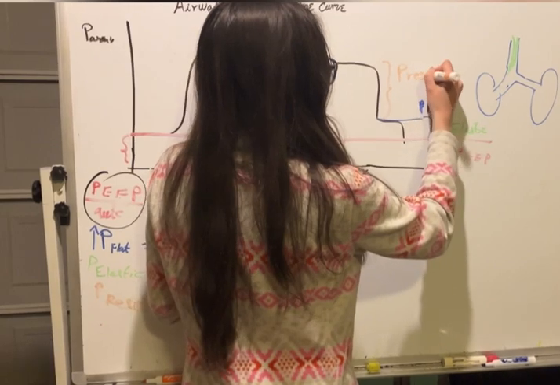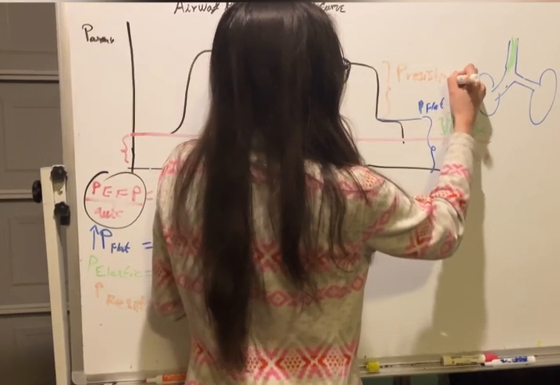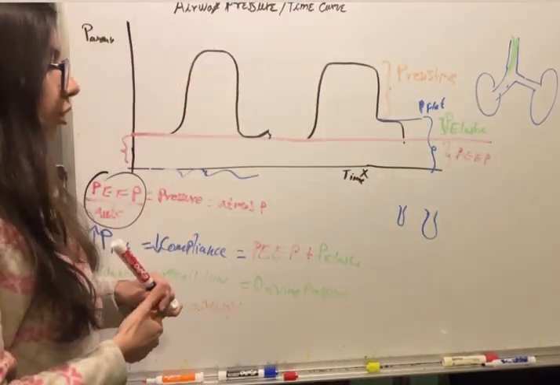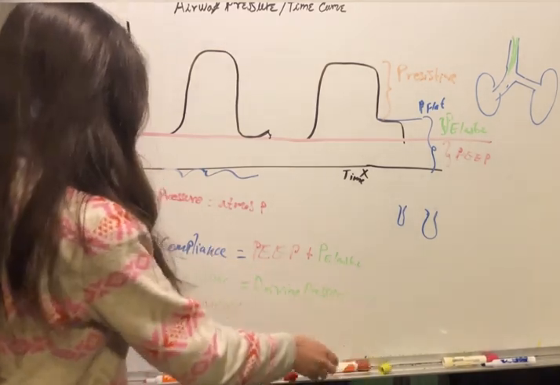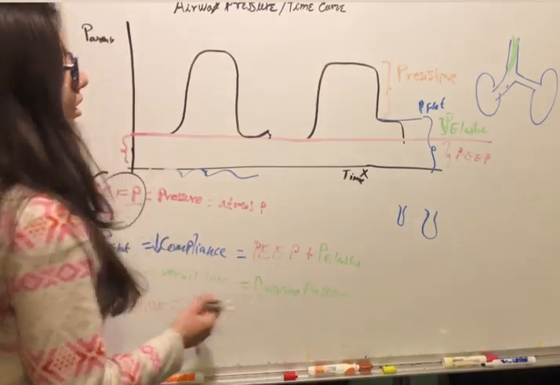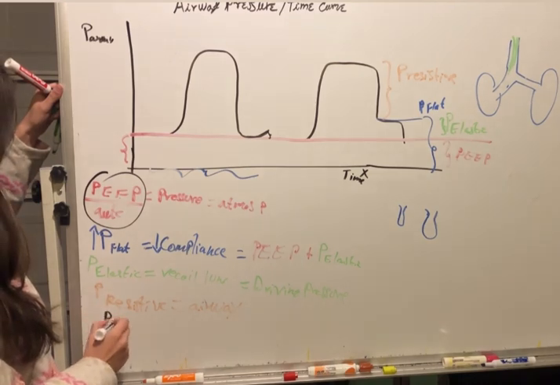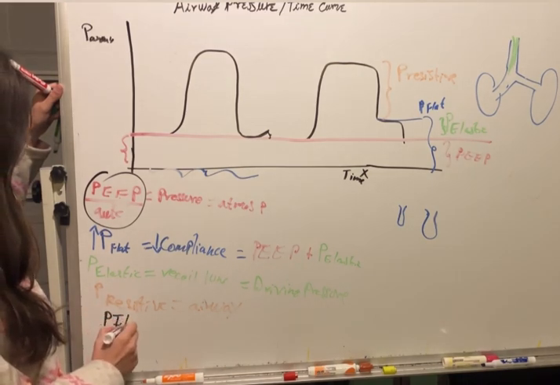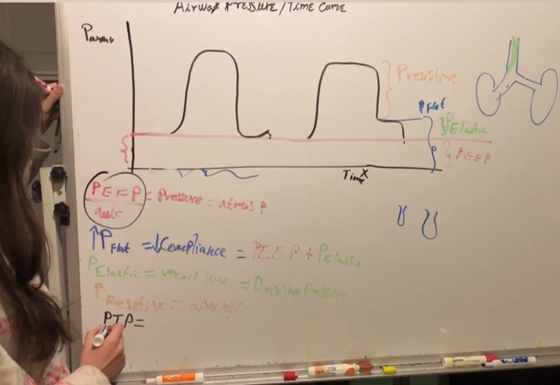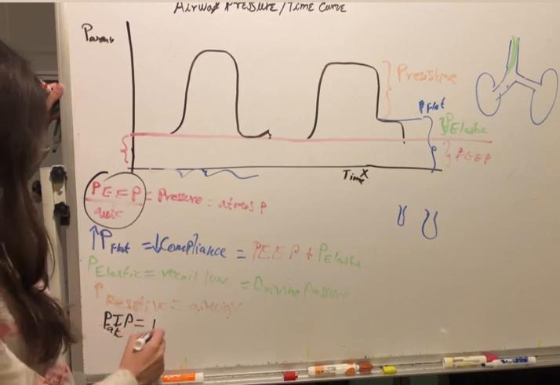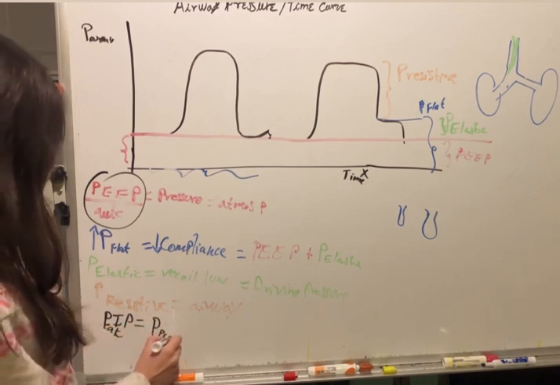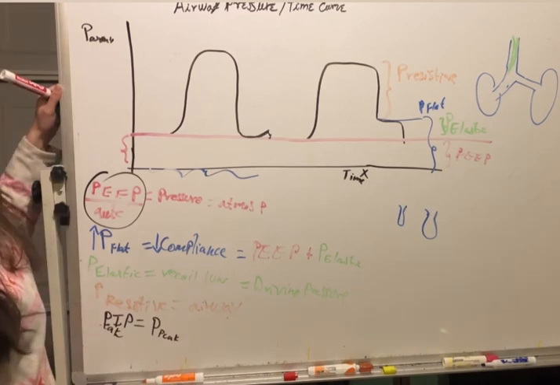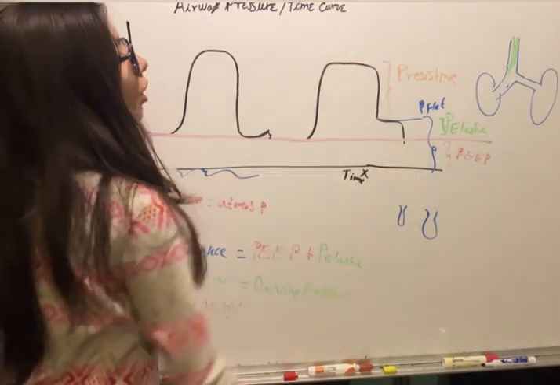This is the resistive pressure. And so we can say that the peak inspiratory pressure is going to be the sum of all these.